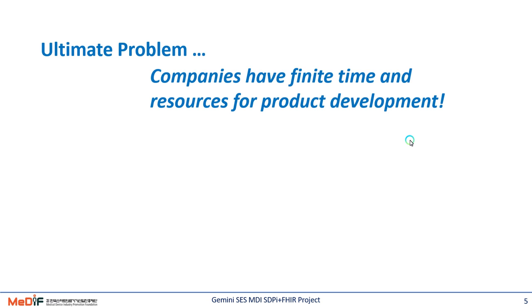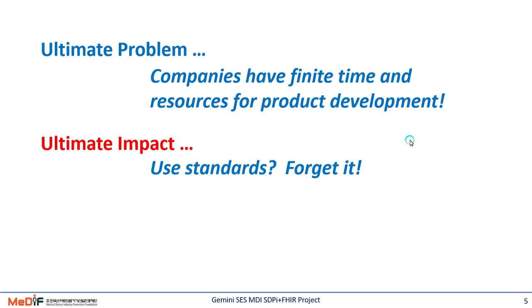We'll give him 3 months." Fred spends 3 months trying to figure out what standards, how do those work, who are all these different organizations, what is relevant, what do I have to do? They're out of time. What is the ultimate impact of this ultimate problem? Huge standards? Forget it. We don't have the time. We don't have the resources.